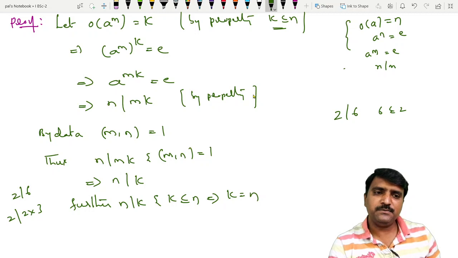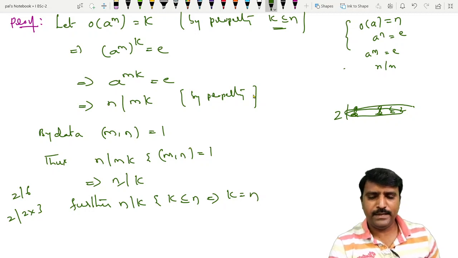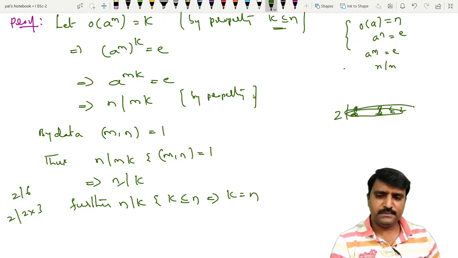But it is possible only when these two numbers are the same, that is 2 divides 2 and 2 is less than or equal to 2. In other cases it is not possible. So n divides k and k is less than or equal to n, which implies that definitely k is equal to n.